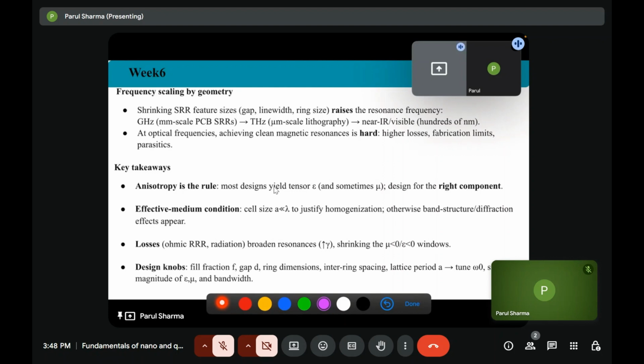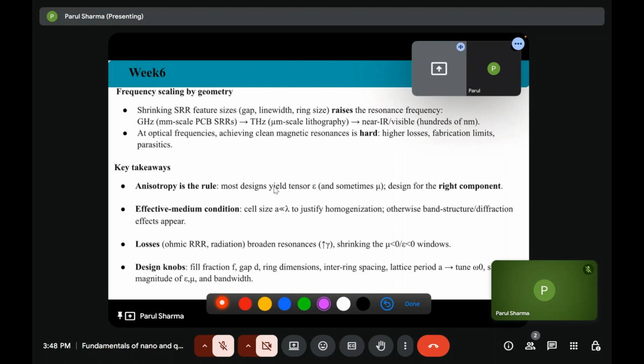First we had structures up to the millimeter scale, where the frequency was in gigahertz, and then from gigahertz we moved to terahertz, fabricating structures using photolithography, and then we moved from terahertz to near IR, where the size was on the order of nanometers.